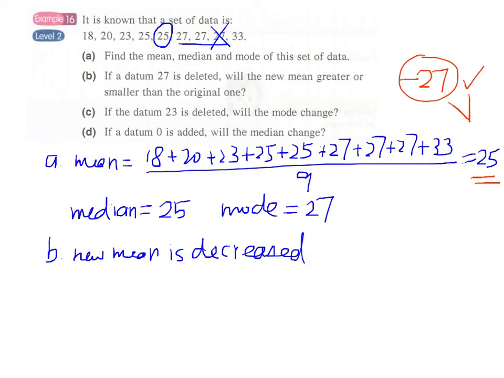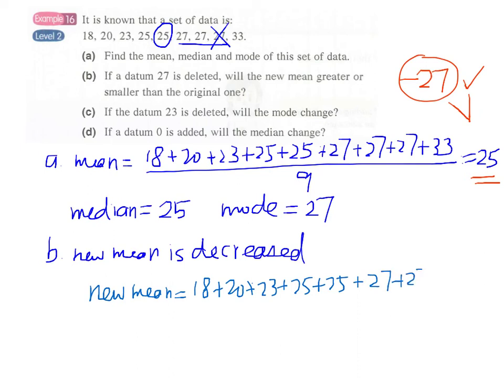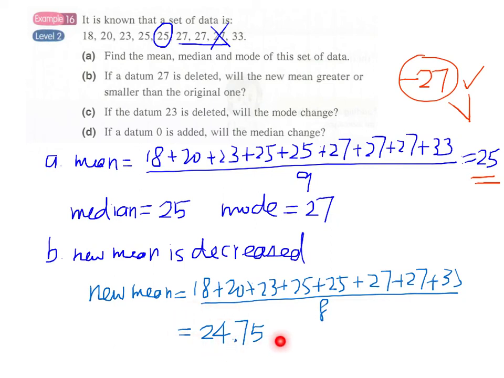Okay, the new mean is decreased. And we can prove this also. This is just a proof or the evidence. We can actually find a new mean, and then divide this by 8. And then using our calculator, we get the answer 24.75. So this is our evidence.